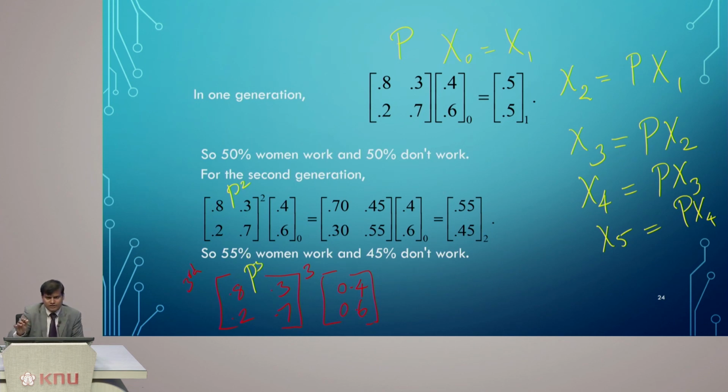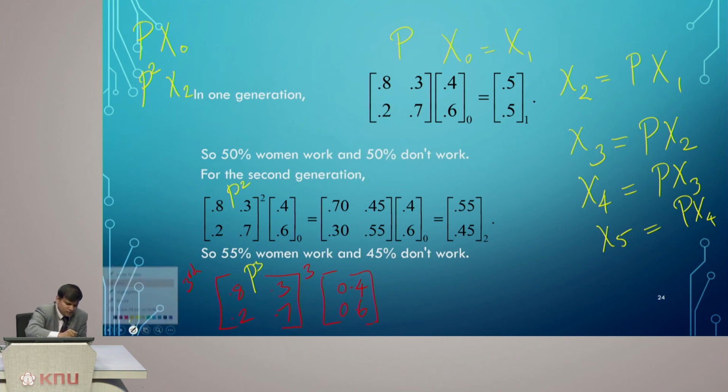You can look at it in other ways. You can also go for p x naught, p square x naught, with x naught being the initial distribution, p power 3 x naught, p power 4 x naught.